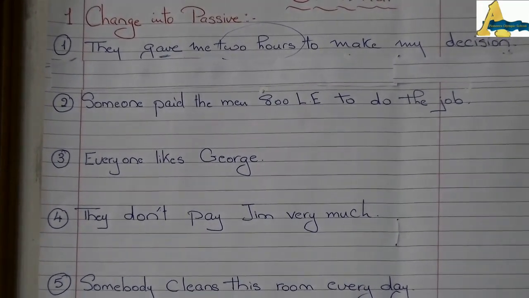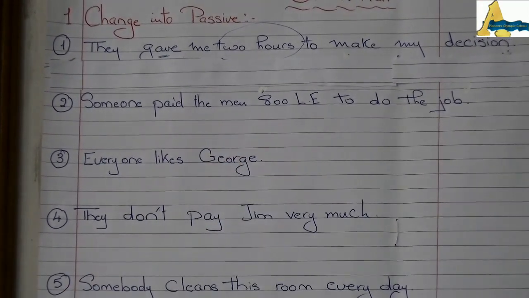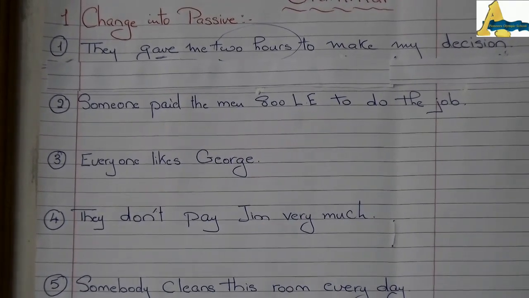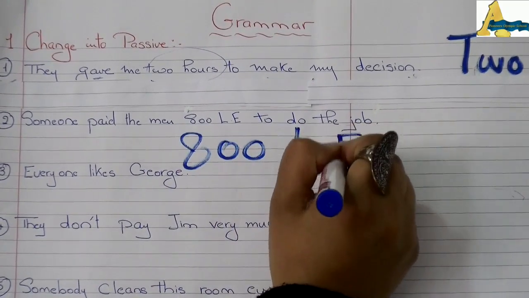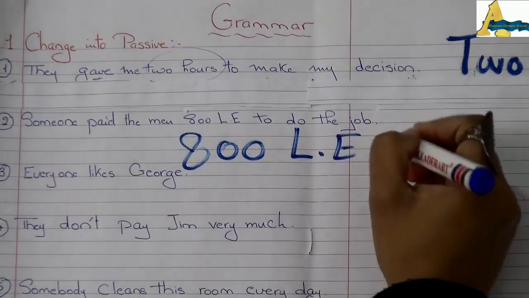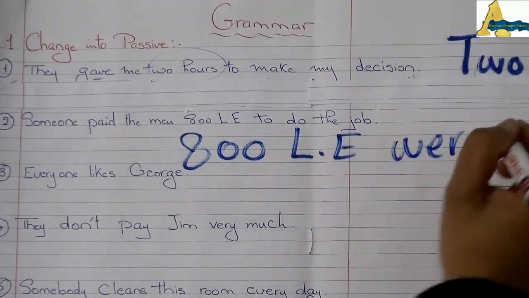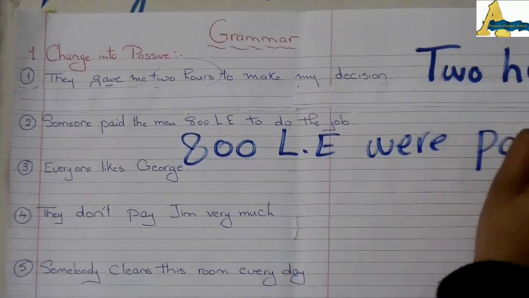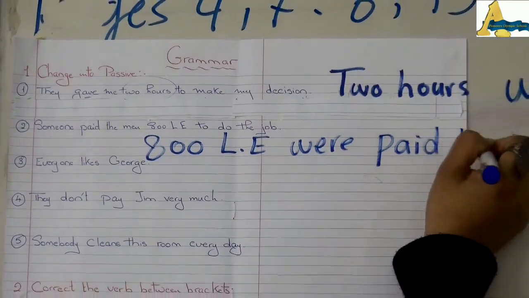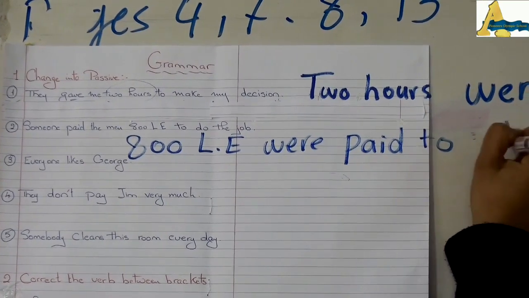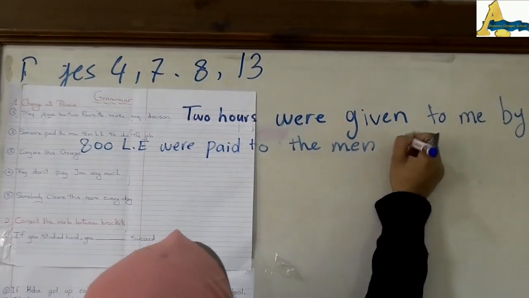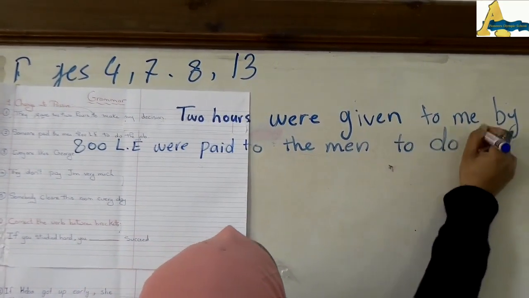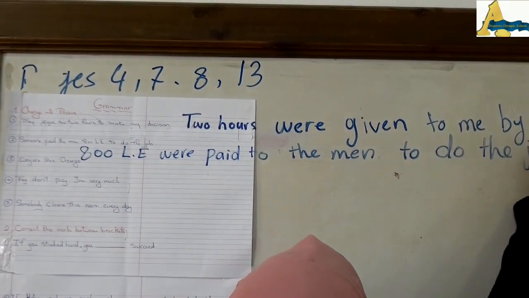Number 2, someone paid the men 800 LE to do the job. So we will start with 800 LE. So here 800 LE were paid to the men to do the job.